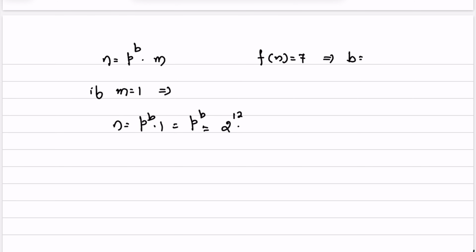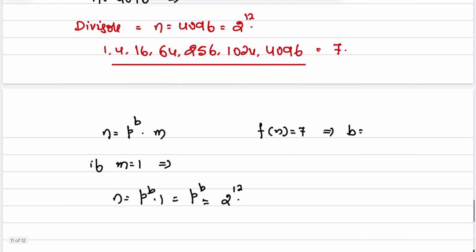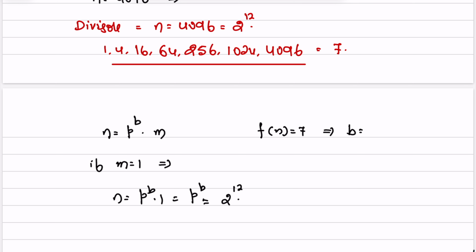If you take the smallest prime factor, then it is 2 to the power of 12, that is equal to 4096, where we have perfect square divisors as 7. For the number 4096, if m is equal to 1, b is equal to 12.